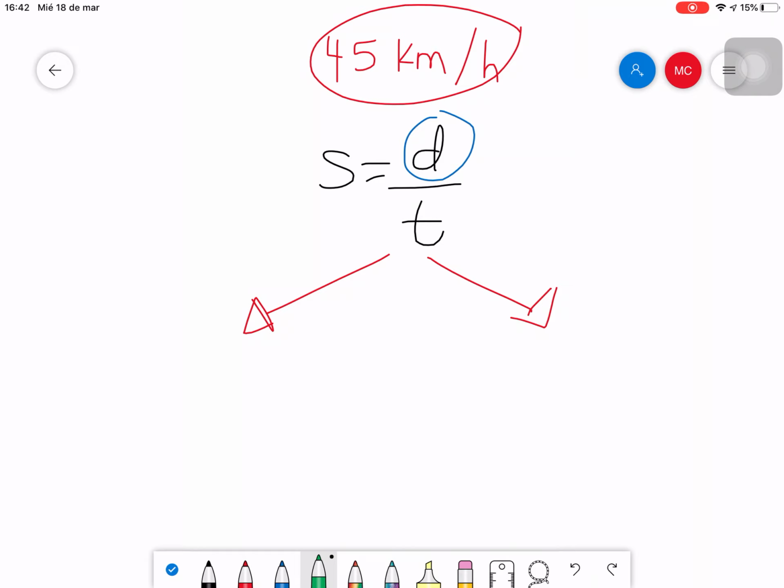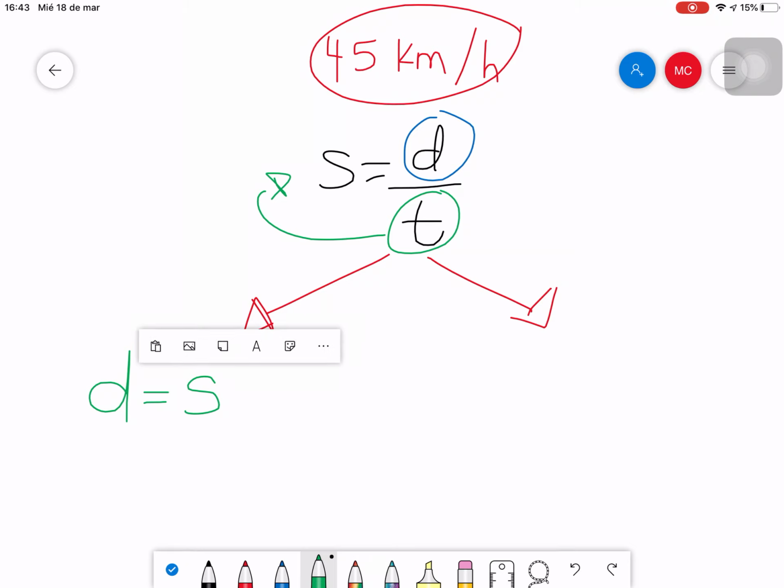So my equation will be D, I have left this D alone, and then I move this T, instead of dividing, I'm gonna have it multiplying, right? So distance will be equal to speed multiplied by time. You have a new formula now.